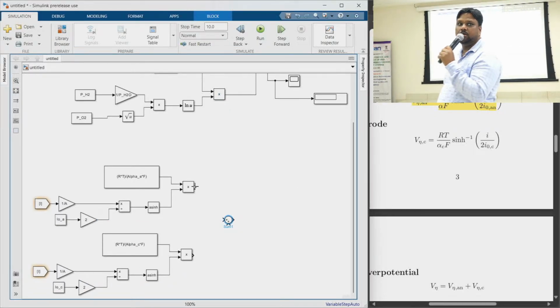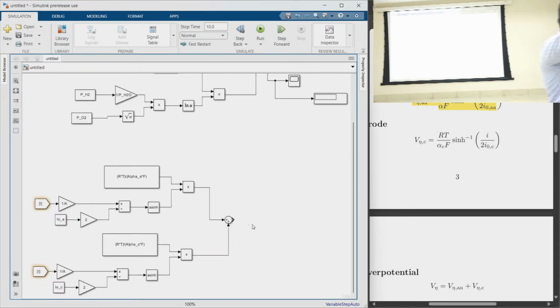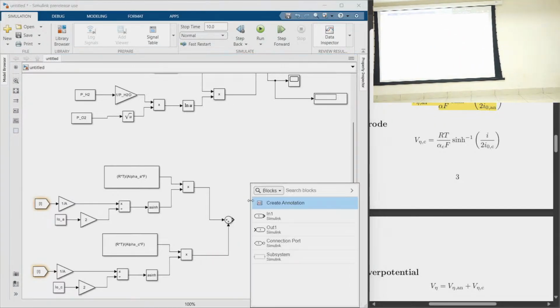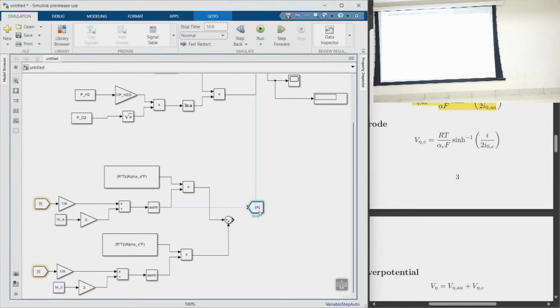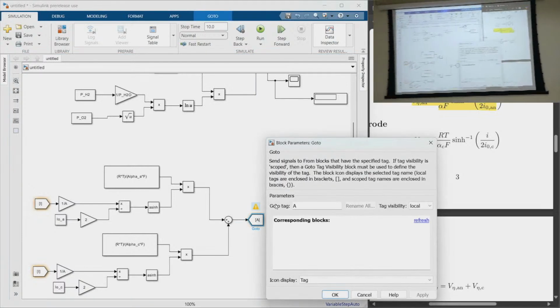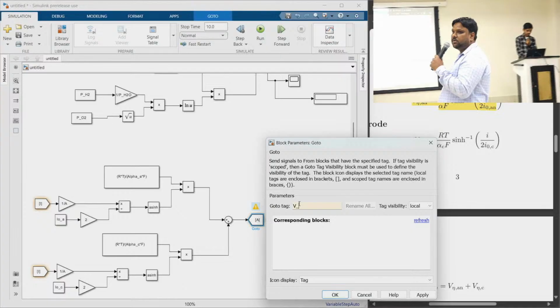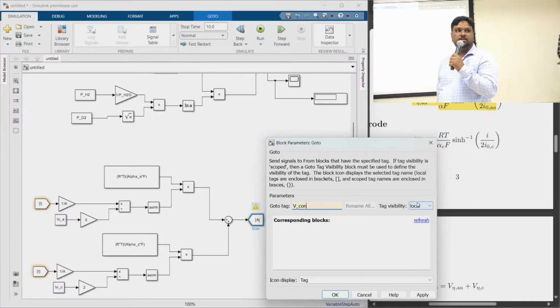Are you getting, all of you? Backside? You can come to the front if you are not able to see. I know this is a simple thing, but it is better to have hands-on experience one time so that you can better understand these equations.